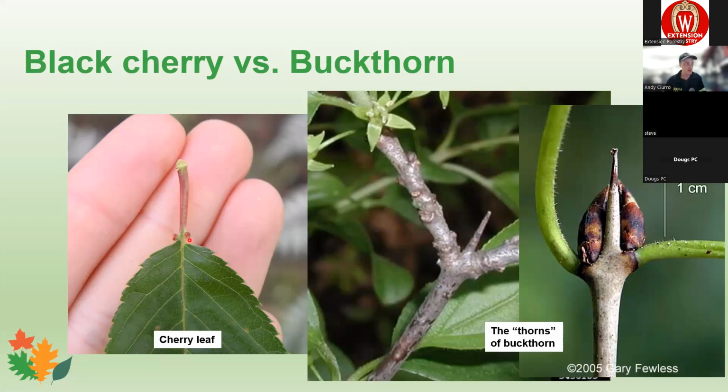They're not going to be as pronounced as in this example, but if you think this might be a cherry or a plum, use your little hand lens, look at the base of the leaf, and see if you can find these glands.